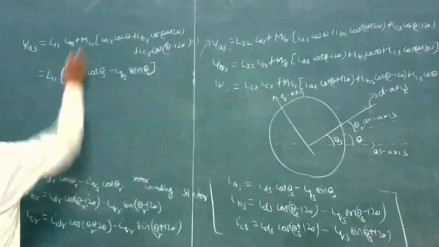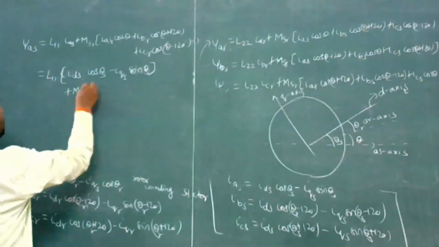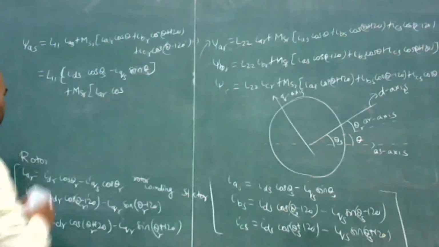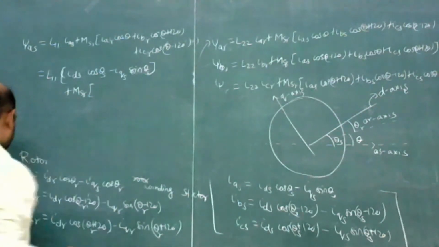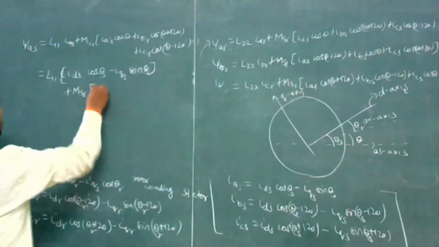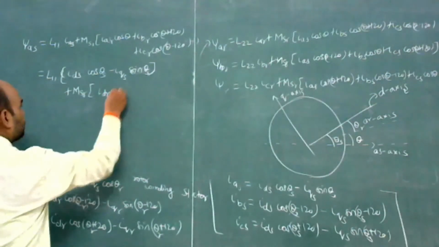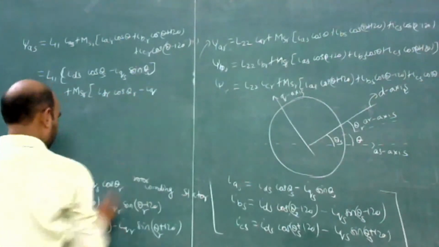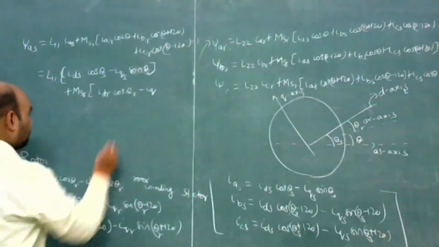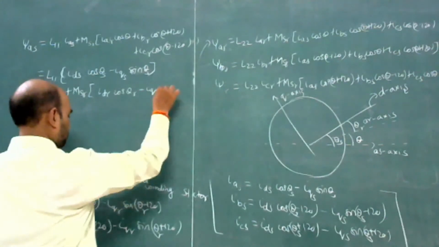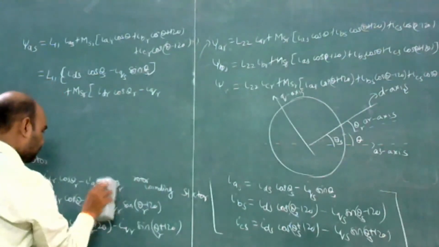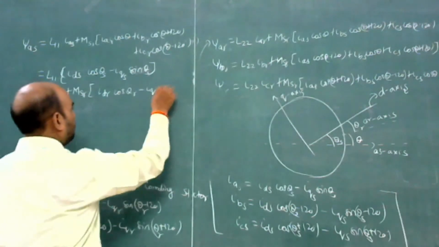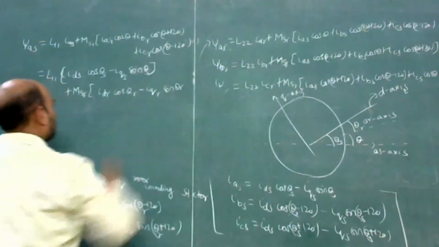Okay, and then plus MSR times IAR, where IAR is IDR cos theta r minus IQR sin theta r.